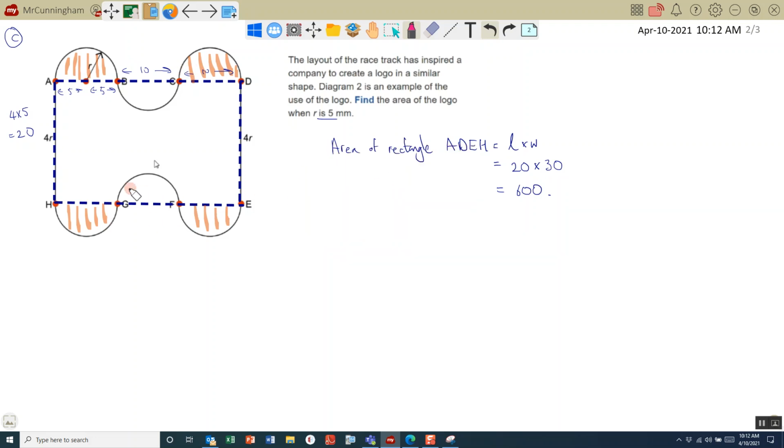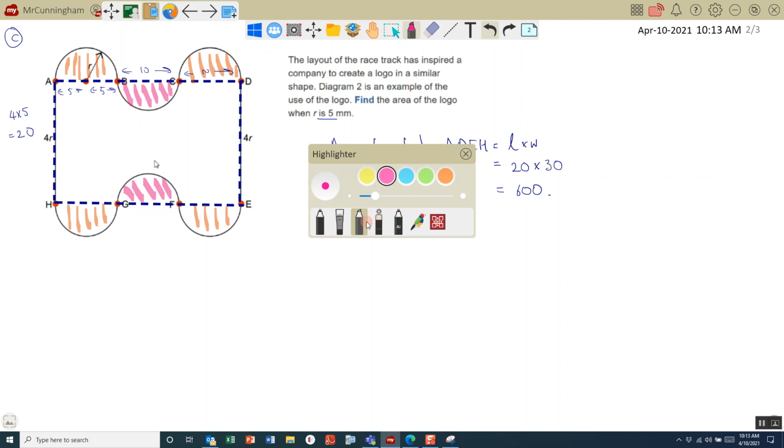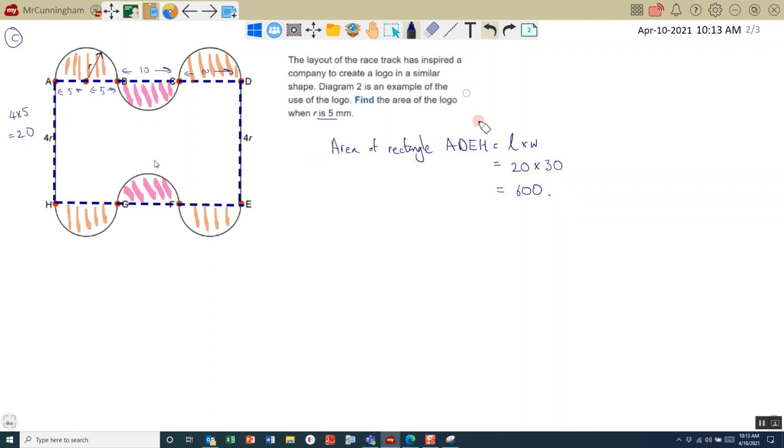But I do not want to include this part. So I've got 2 circles that I definitely need to include, but I don't want to include these parts because these parts are being chopped off. So I only need to work out the area of 1 circle.